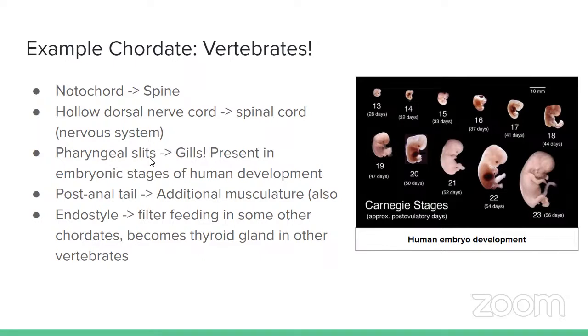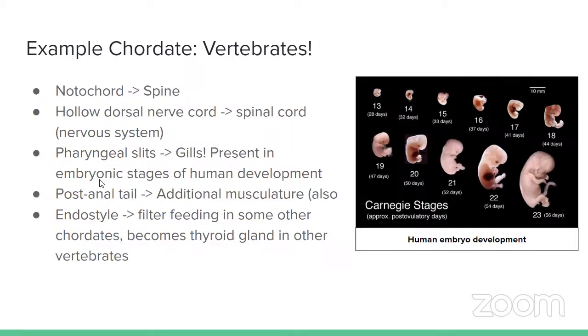Each of these slits and pouches is associated with a specific nerve that goes to all of the structures that form from that slit. So we don't have gills in adult life, but in embryology, we do see gill slits.